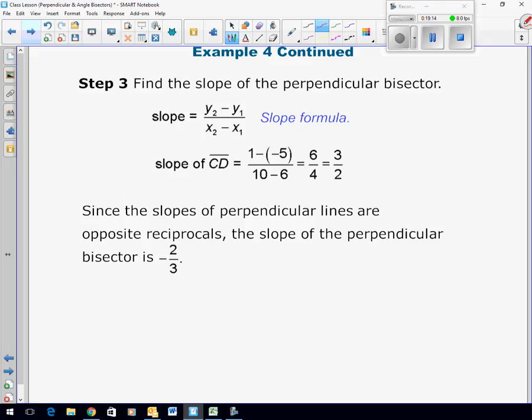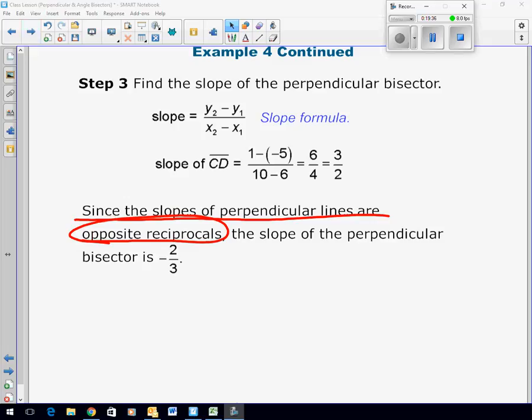I want you to write this part down in your notes: since the slopes of perpendicular lines are opposite reciprocals. Make sure you got that part in your notes. It's going to be key that you remember not just to find the slope, but to find the opposite reciprocal slope.